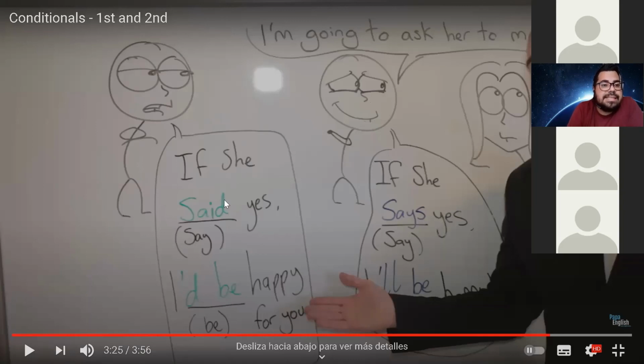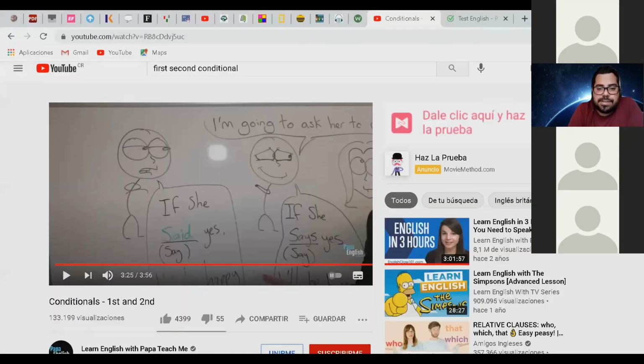If she said yes, like imagining, and look at the contraction of would, I'd be happy. Imagining that if it happens, in a hypothetical situation. That's what he was explaining in that context.